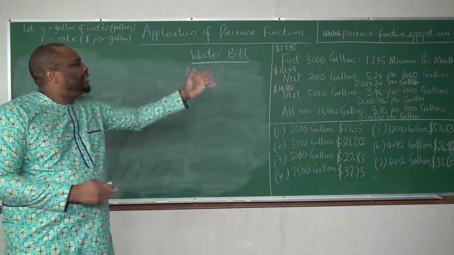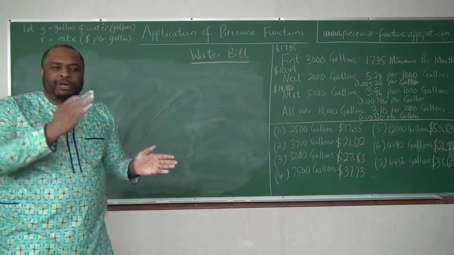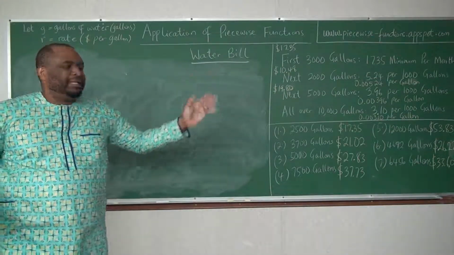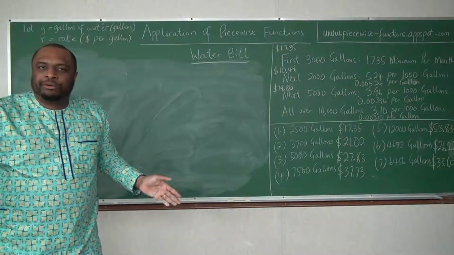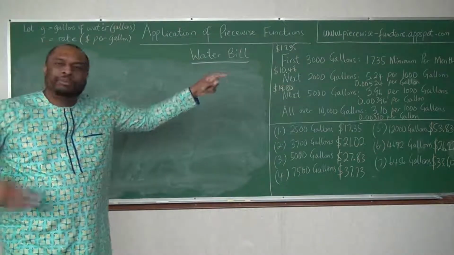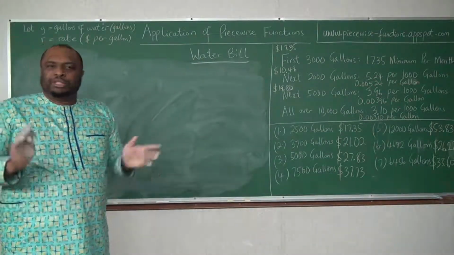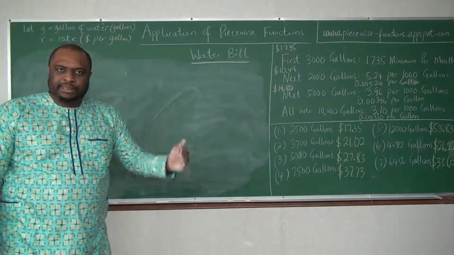Anytime you have those conditions, if you consumed up to 3,000 gallons, then you must pay this. If you consume more than 3,000 gallons, but up to 5,000 gallons, then you pay this. In programming, we say these are conditional statements.